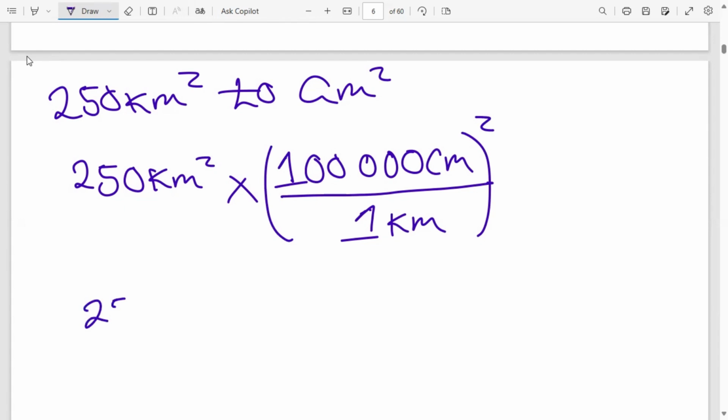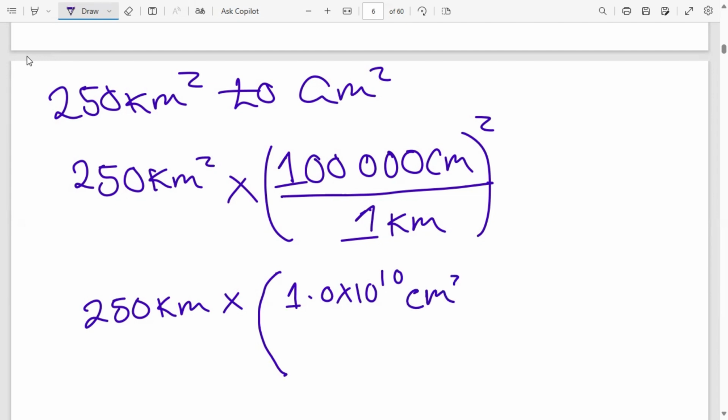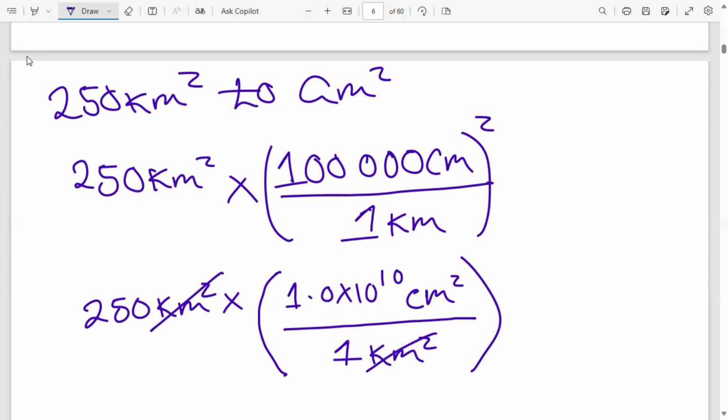So I remain with 250 kilometer squared multiplied by, I'll distribute the square on the numerator and the denominator, and on top I'll get 1.0 times 10 to the power 10 centimeter squared over 1 kilometer squared like that. The kilometer squared and the kilometer squared here can cancel out.